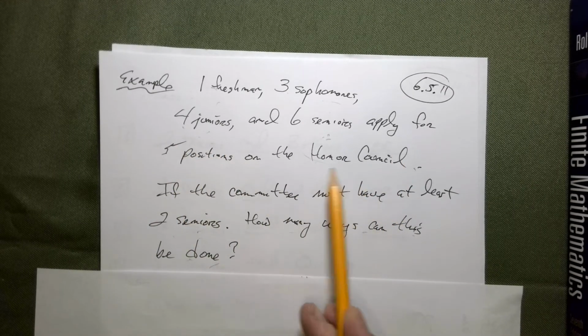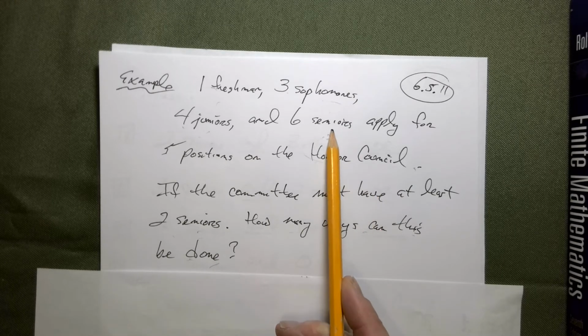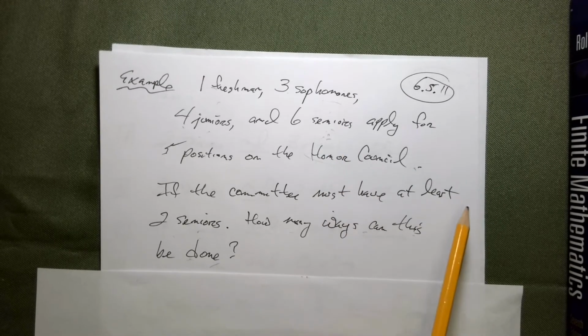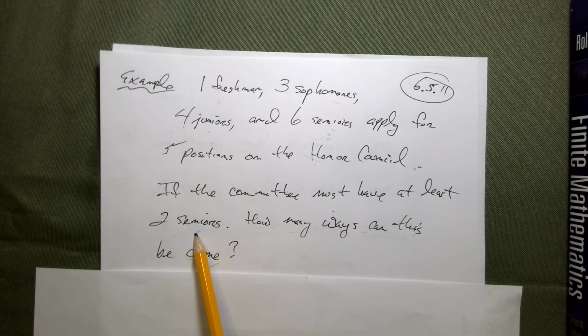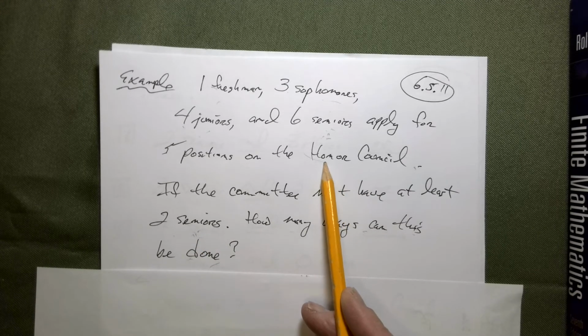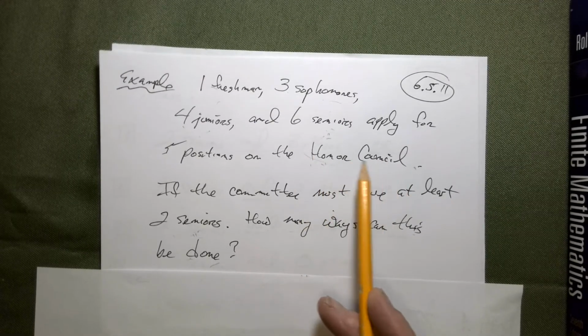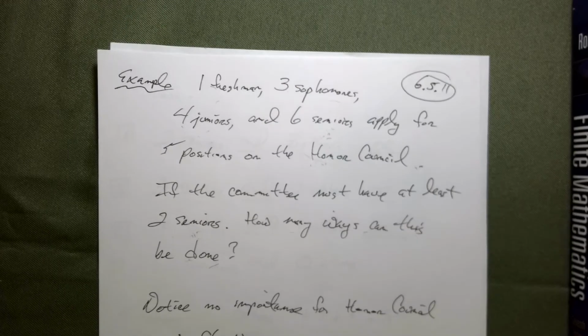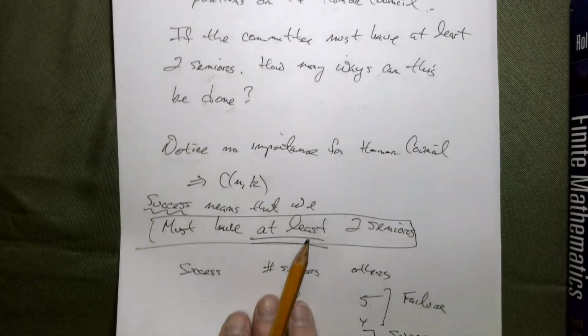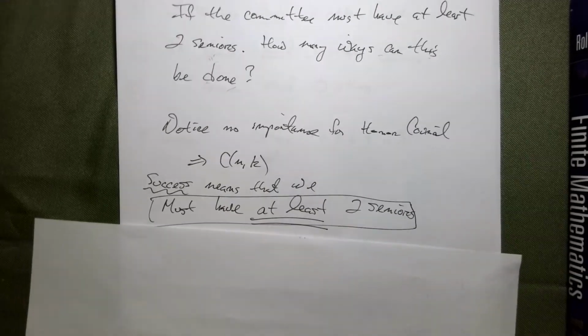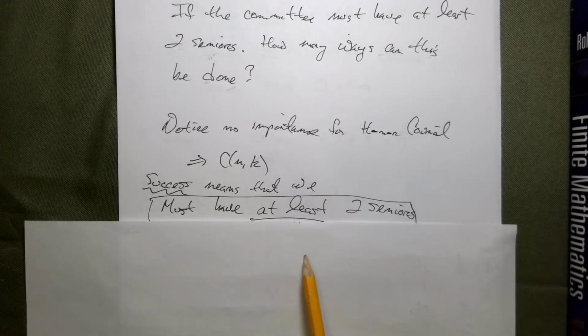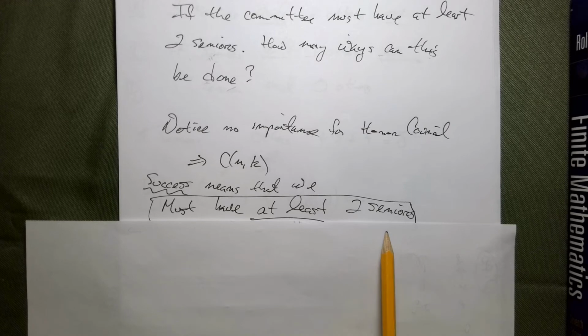There's no distinction between the members other than the fact that we have to have at least 2 seniors. That's going to be critical. So on this, we don't have a president, vice president, etc. So that means that's going to be a combination. Order is not important, but the key here is that we must have at least 2 seniors.